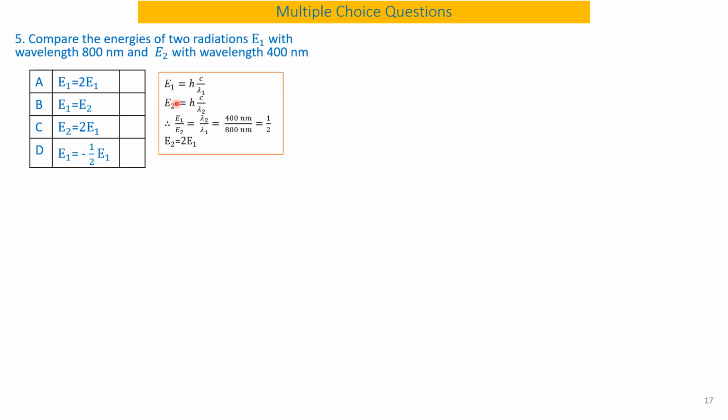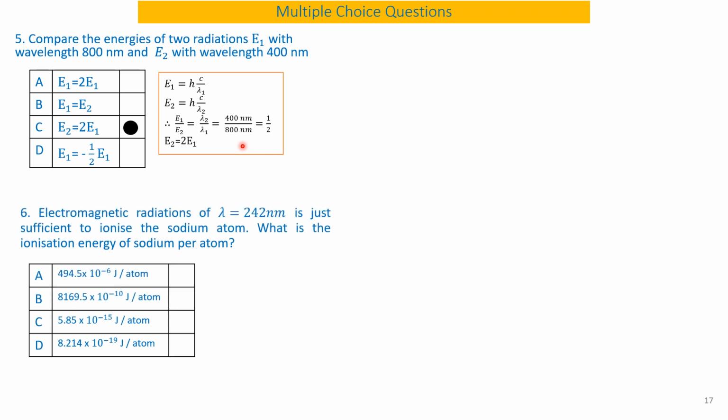We have to use the same formula. E1 is equal to h into c by lambda 1. E2 is equal to h into c by lambda 2. Therefore, E1 by E2 is equal to lambda 2 by lambda 1. So, the ratio is 1:2. Therefore, E2 will be equal to 2 times E1. So, option C is the correct answer.